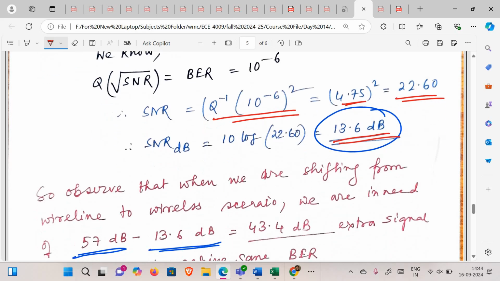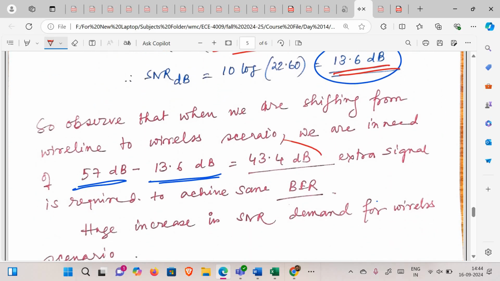So basically the conclusion is that for a conventional, very simple wired to wireless scenario, we actually need around 43 dB of extra power in order to maintain the same performance of 10 to the power minus 6 BER from wireless to wired.